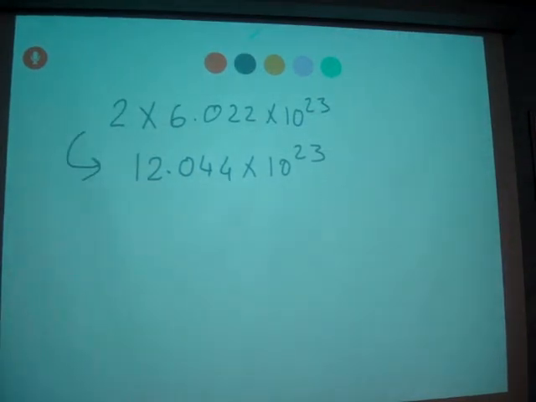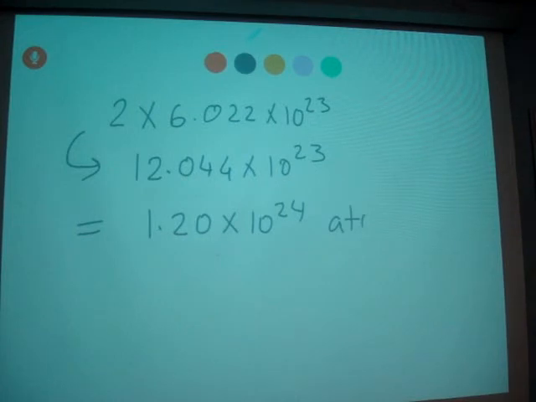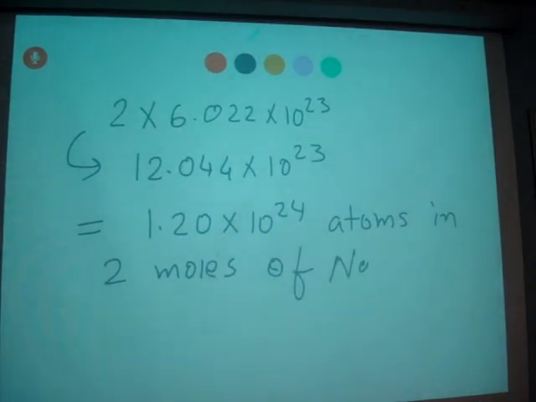Okay, and then when you write in correct scientific notation, you get 1.20 times 10 raised to 24 atoms in 2 moles of NaCl. So that way you can calculate the number of particles in that particular number of moles of compounds. Okay? Question.